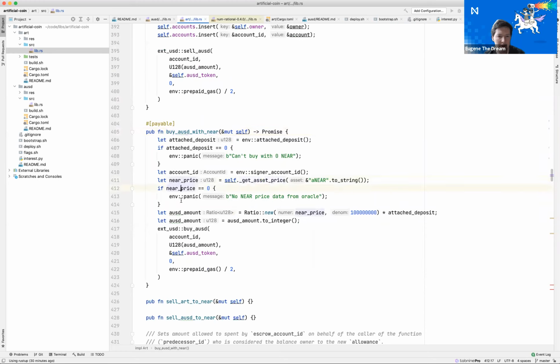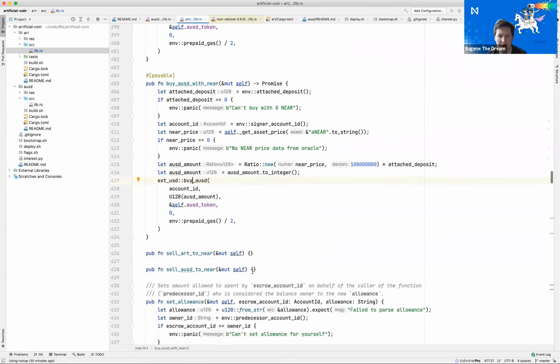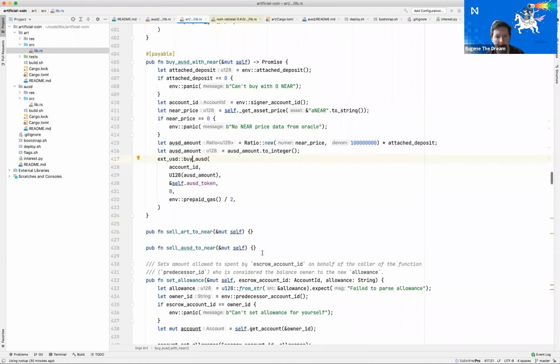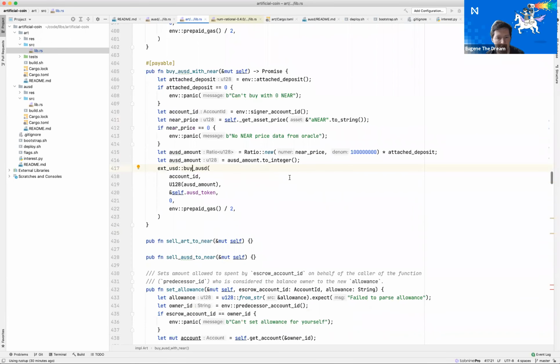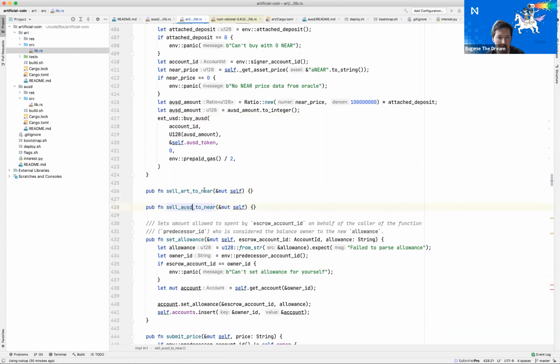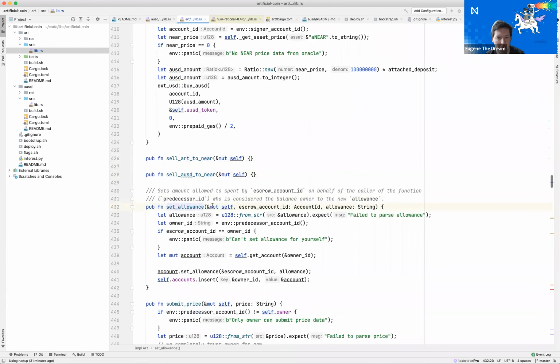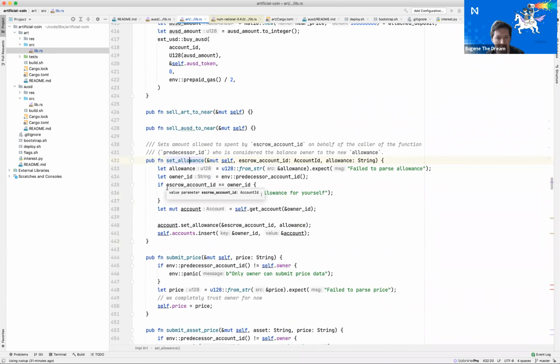So that's somewhat similar. We just took your money and minted new AUSD at a given price. Interestingly, there is no commission to do this. Sell ART for near, this is still not implemented, so you cannot sell it.